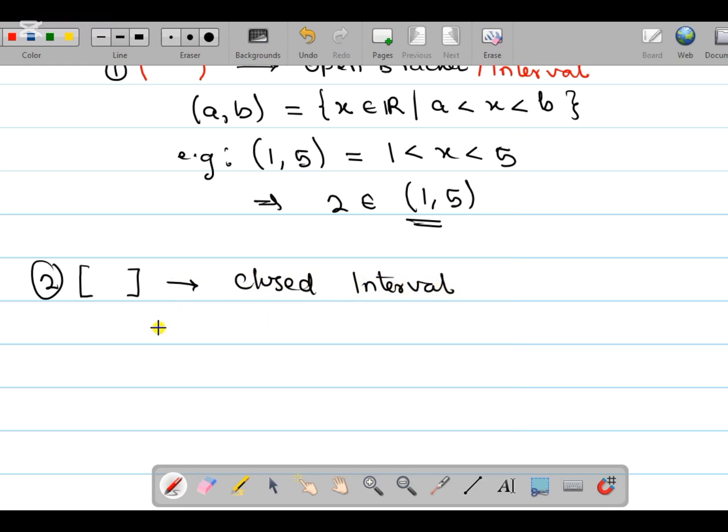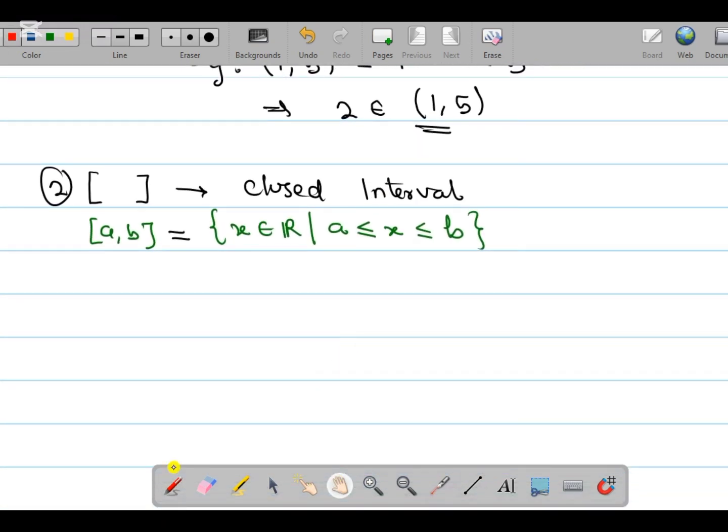It is defined as the set of all x in real numbers such that a is less than or equal to x and x is less than or equal to b. The implication is that a and b are part of the set.